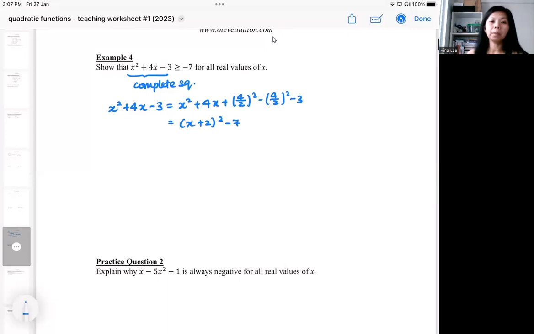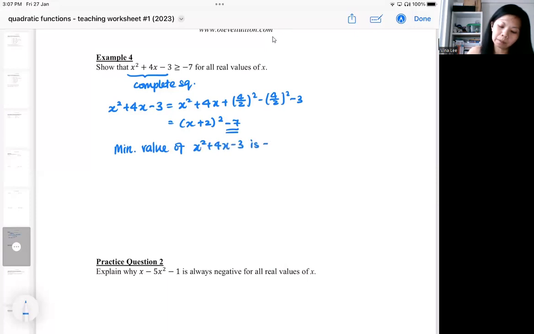From the completed square, one of the purposes is to be able to tell the maximum or minimum. In this situation, from here, this is actually my minimum value. So you can deduce the minimum value of the quadratic function to be -7.